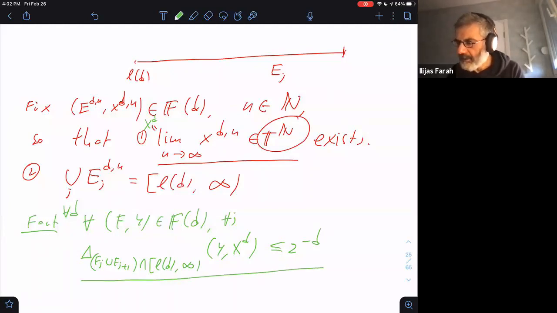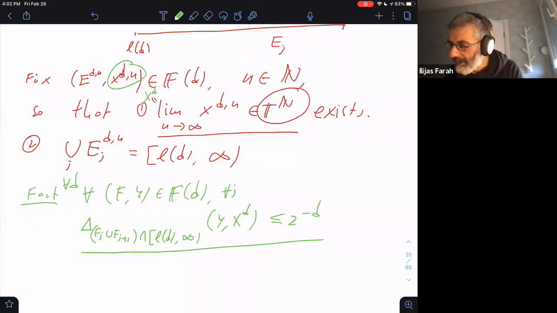Well, the analog of this holds if I replace X^D with any of these X^{D,N}. Right, and you know these intervals are getting longer and longer. This is a closed partition, so because you're in a closed set, this limit is less or equal than 2 to the minus D. But now note, remember that at F_D, these partitions are not all around the place. F_D includes F_{D+1}, includes F_{D+2}, and so on.